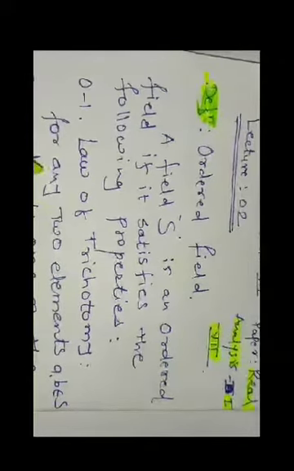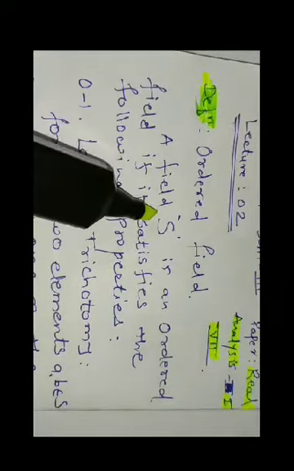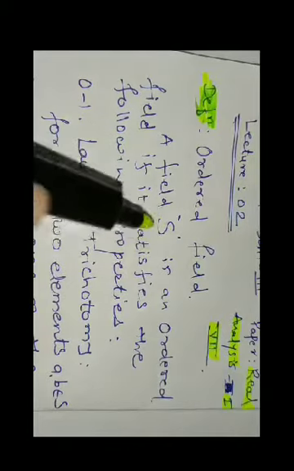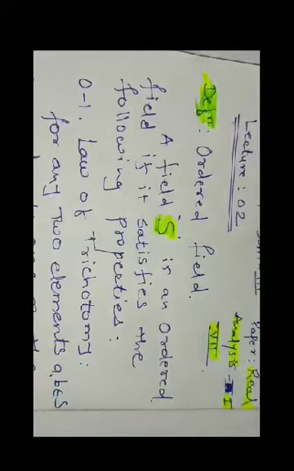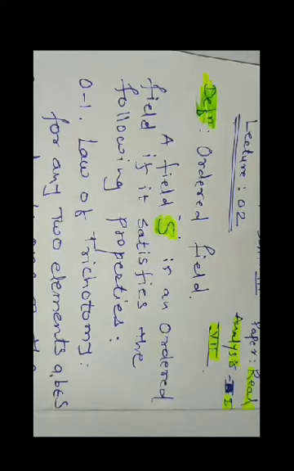In the definition, a field S, say here S is a field. What is a field? In the previous lecture, we have already discussed what is meant by a field.